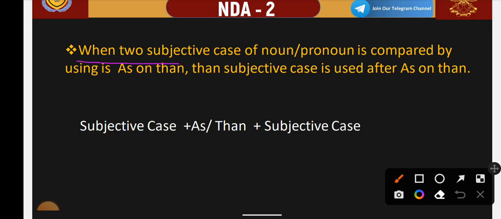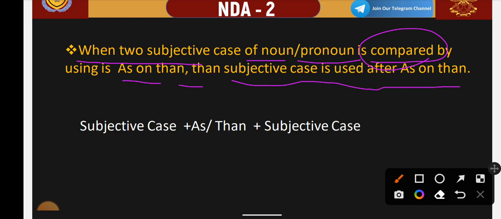When two subjective cases of a noun or pronoun are compared, the words of comparison are as and than. Subjective case is used after as and than. You may fumble just by reading this rule. You have to practice it more and more.